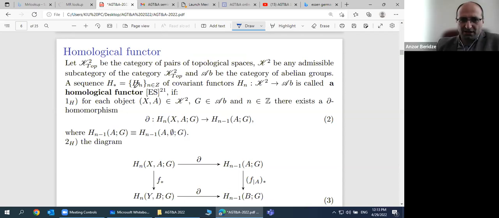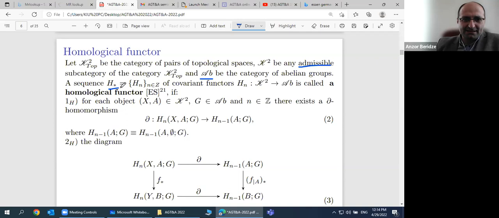Okay. Let's take the category of pairs of topological spaces, and we need some property to construct a homology theory on this category. This is called an admissible subcategory of this category. And let's take the category of abelian groups.